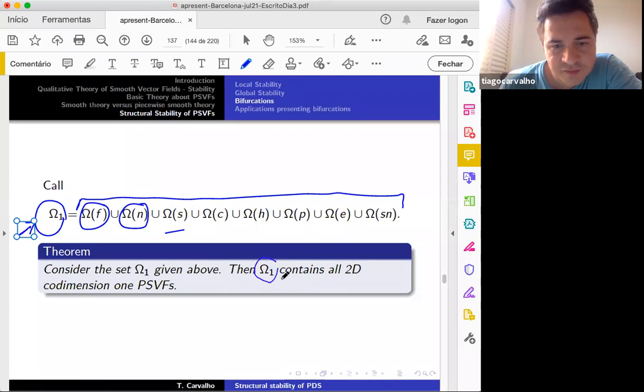This set omega 1 contains all two-dimensional codimension 1 piecewise smooth vector fields.